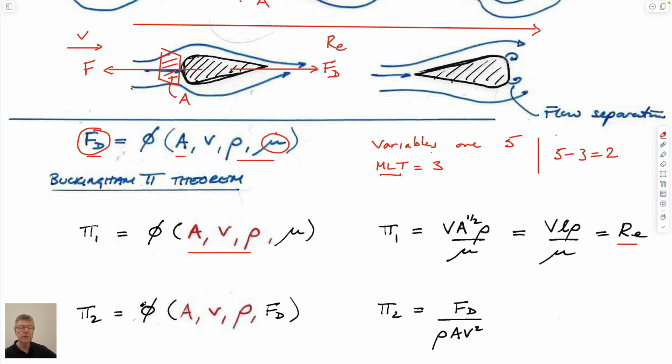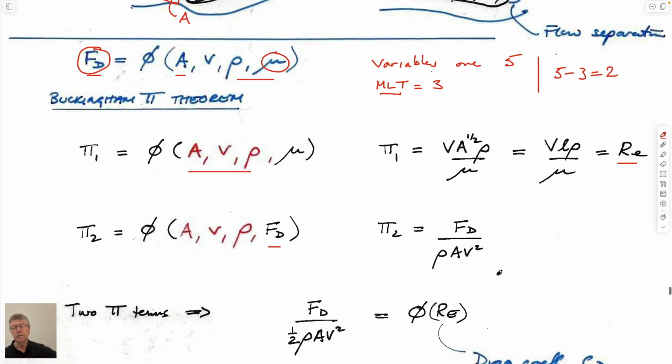And if we do Buckingham pi on it, or just do it by inspection, we take the drag force, then we get a different number in it, which is an Euler number, right? We could also write this as, if FD over A is equal to a pressure, then this would be a pressure divided by rho V squared, which is equivalent to an Euler number.